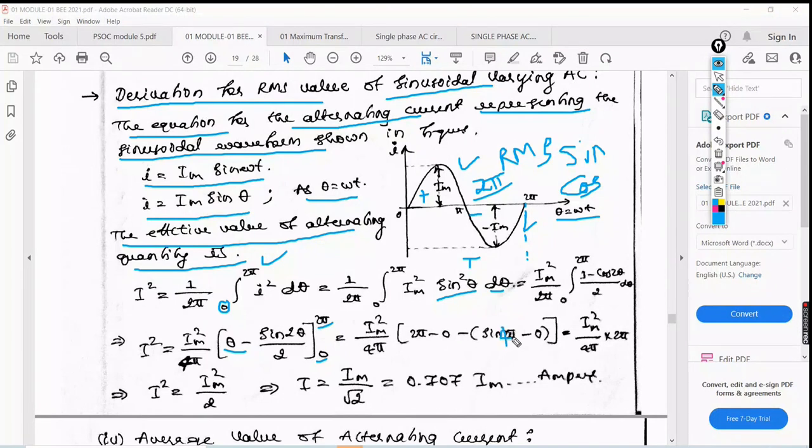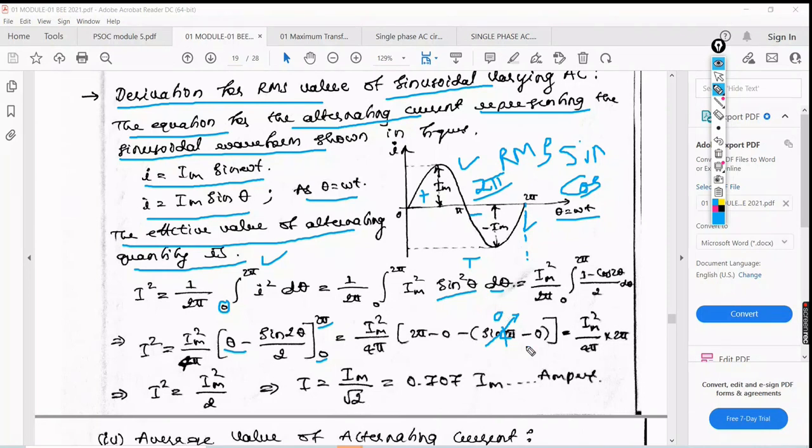Okay, not the 2 pi, this is 4 pi minus 0, because sine 0 is 0. Then the sine of 4 pi is also equal to 0.